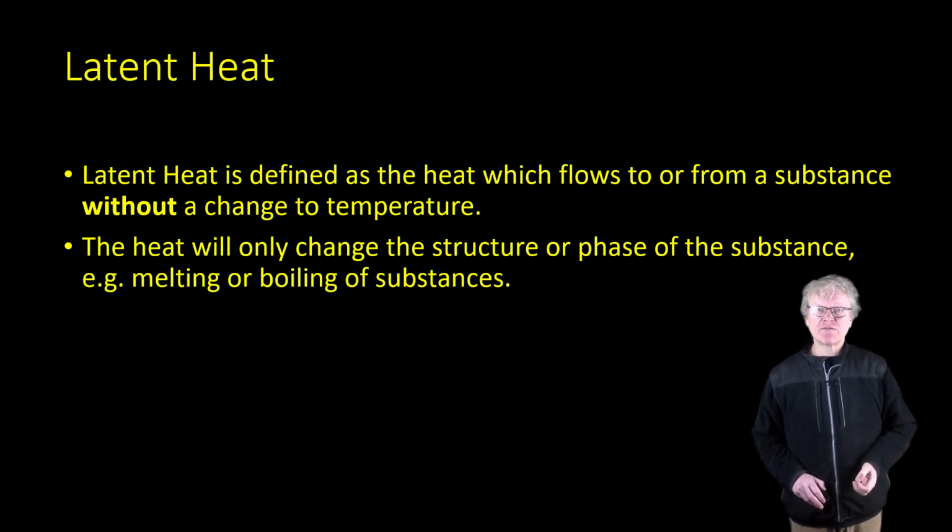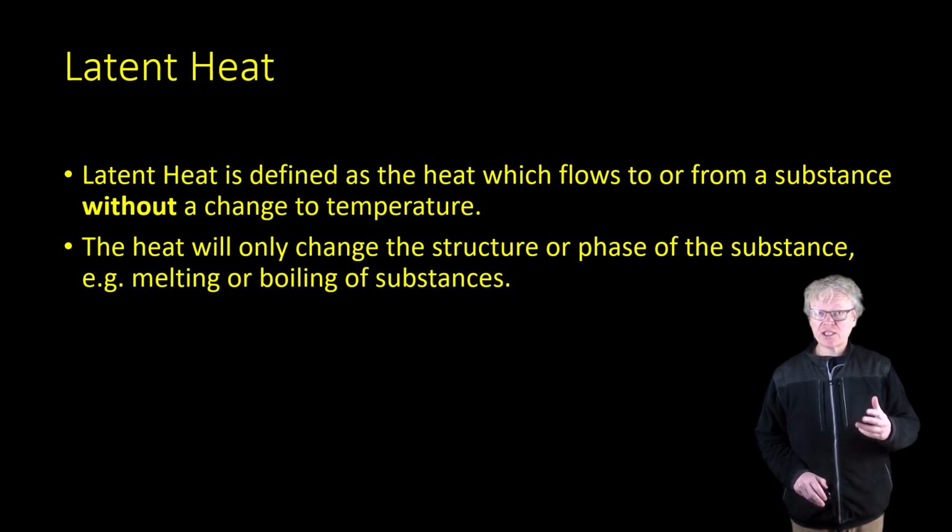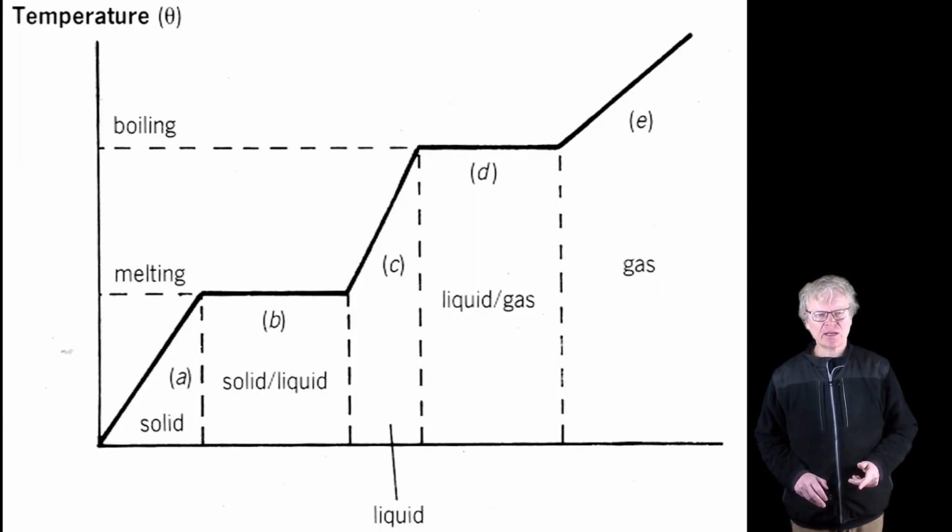Well, it changes the phase of the substance. Now, phase is just a fancy word for whether something is a solid, a liquid, or a gas. So we'll stick with water, whether it's ice, whether it's water, or whether it's water vapor. So it's the energy that's used to transform from one of those phases to another. Or it's the energy that is released as you go back the other way.